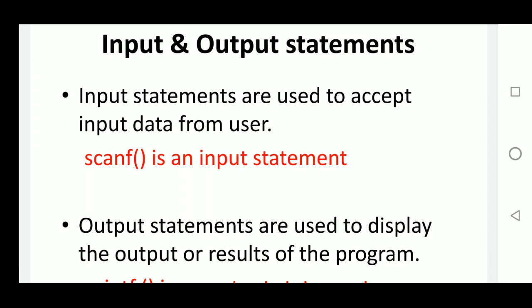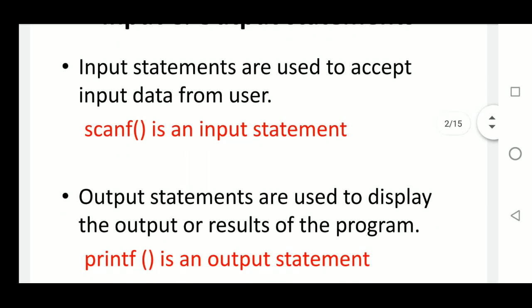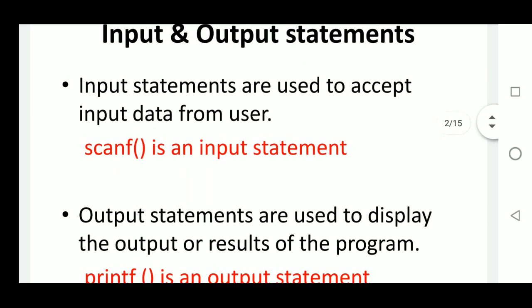Basically we have to learn about the input and output statements. Input statements are used to accept input data from the user. When your program is executing and at that time you want to take any input from the user, you need the input statements for that.